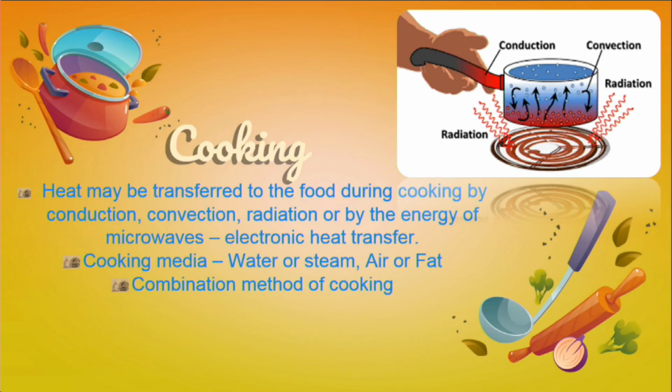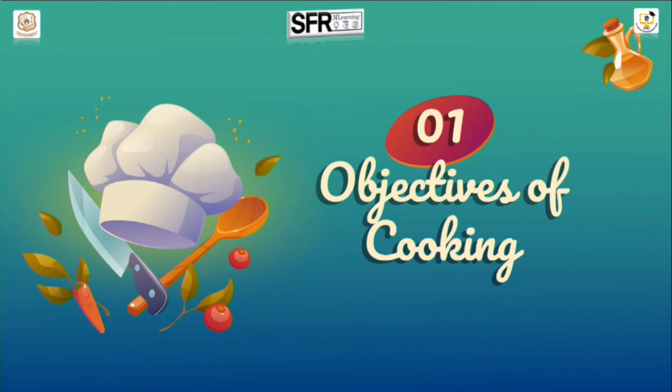Then we subject the food to cooking media: water or steam, air, fat, or a combination method of cooking, such as steaming, frying, microwave cooking, or boiling and frying. These are the combination methods of cooking we use in our day-to-day life.